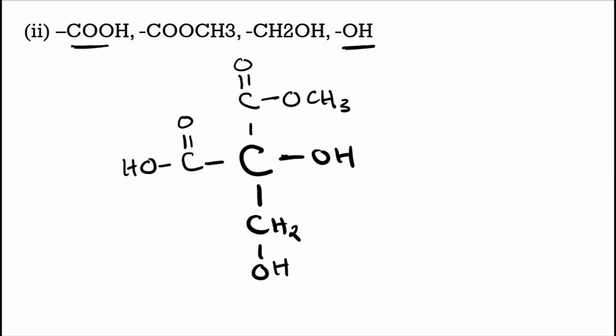The highest atom that is directly attached to this chiral center is this oxygen, so oxygen will be number 4. The other atoms directly attached to the chiral carbon are this carbon, this carbon, and this carbon. They are the same.